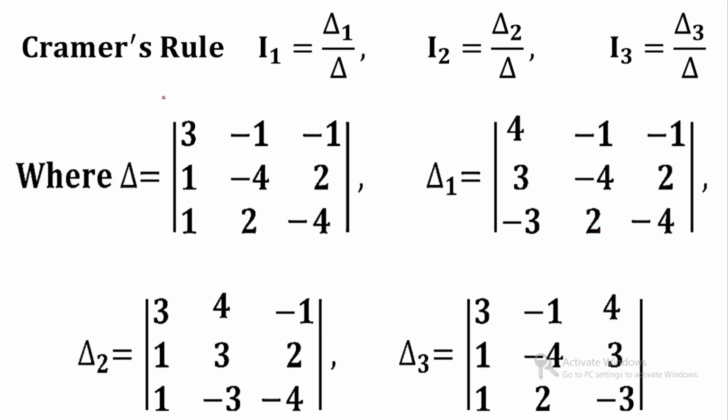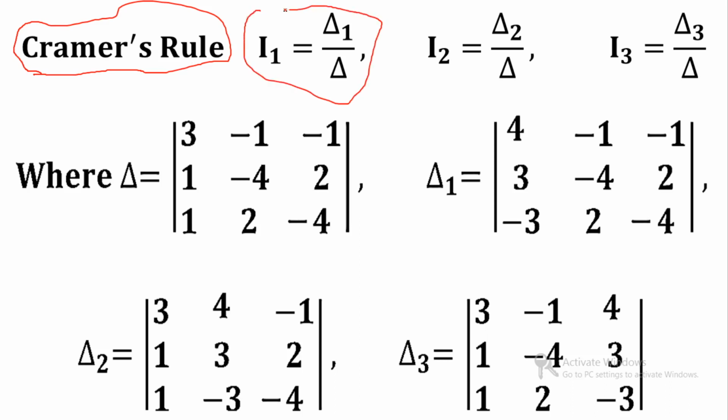Now, to solve these equations, we are going to use Cramer's rule. If you don't know Cramer's rule, then I request you to see how to use Cramer's rule. We have three variables I1, I2 and I3. So I1 is equal to delta 1 by delta, I2 is equal to delta 2 by delta, and I3 is equal to delta 3 by delta.